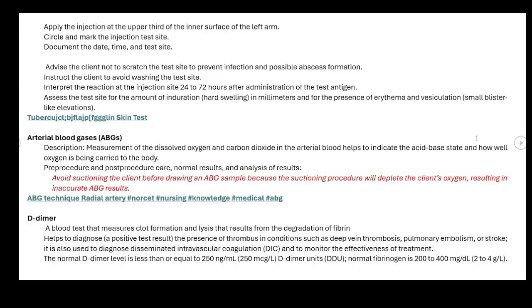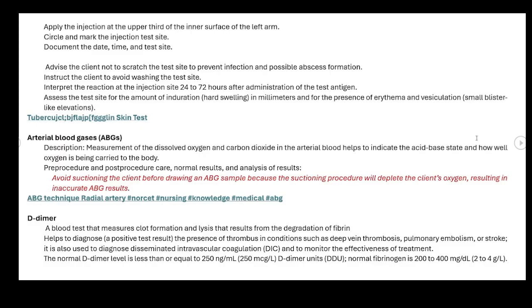So you want to also assess the test site for the amount of induration, which is the hard swelling, in millimeters, and for the presence of erythema and also vesiculation. So that is how TB is tested.